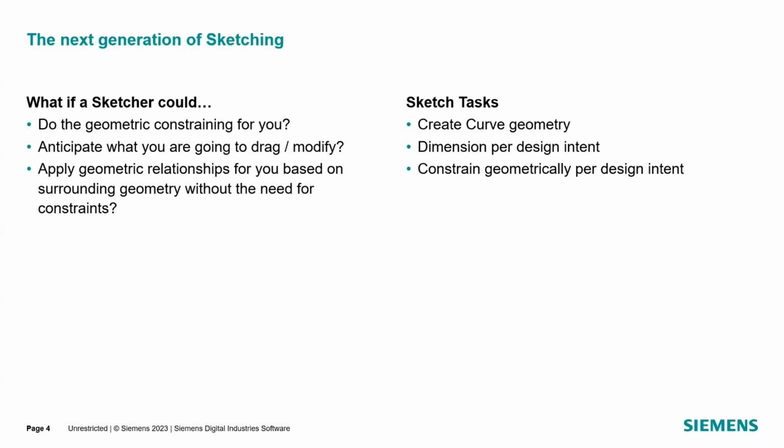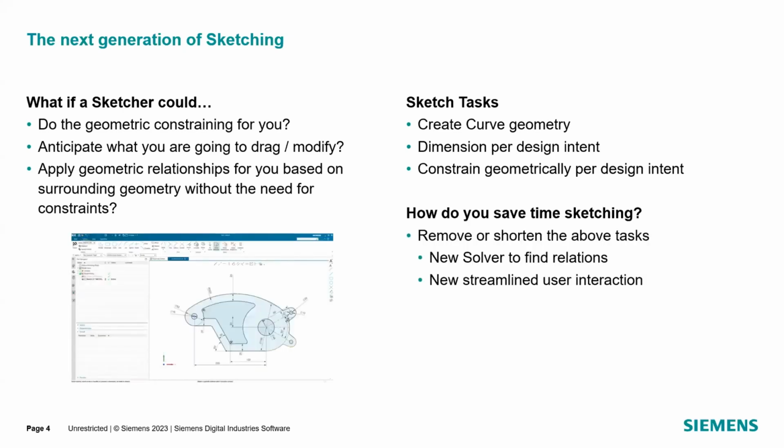And so, the norm is Sketcher is a task environment. You're working in there, creating geometry, applying your dimensions to the sketch, as well as, traditionally, constraining it geometrically, right? And trying to develop that design intent. And so what we looked at was, how do we save you time with that? How can we improve what people are doing inside the sketch?